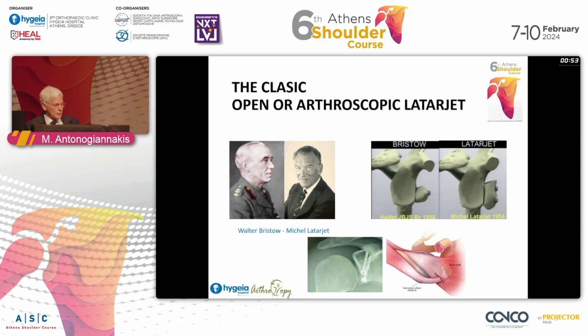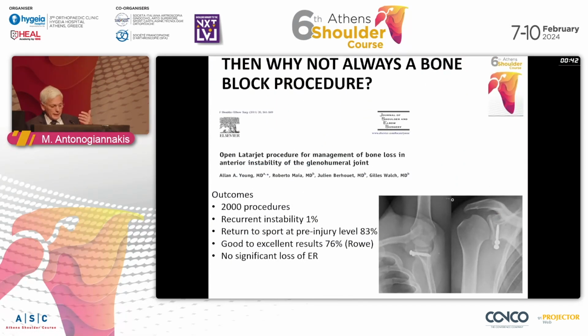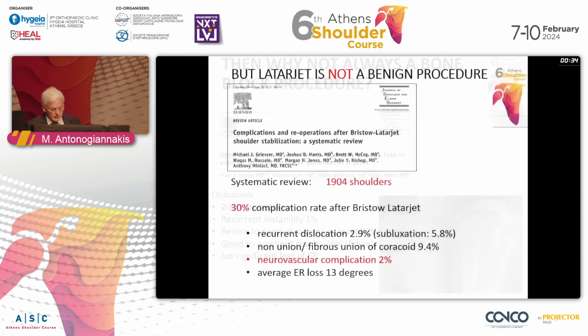And the classical bone procedure, especially in Western Europe, is the open or arthroscopic Latarjet, a great operation, so good an operation that sometimes we say, why not do only this operation? Excellent, we can expect excellent results, but in very good hands, in very good surgeons who have a very good experience of many cases.